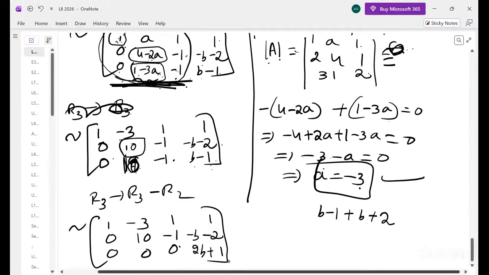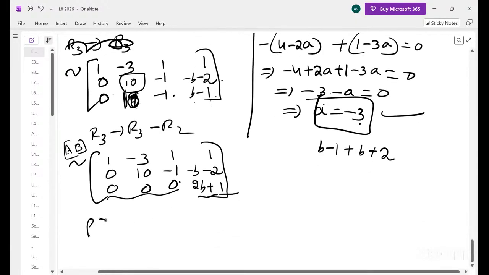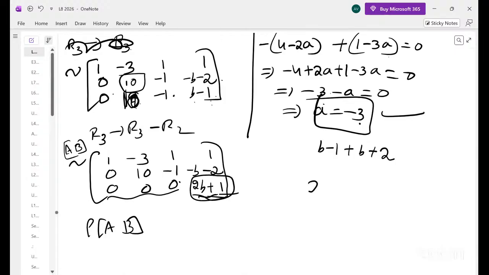Now we want, this is A, this is B. So we want the rank of augmented to be equal to the rank of A. So when are you going to get rank of augmented equal to rank of A? If this B is not 0, then the rank of augmented becomes 3. This is a non-zero row.